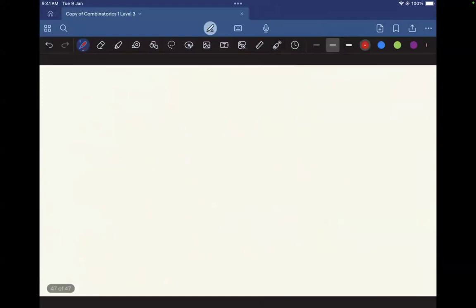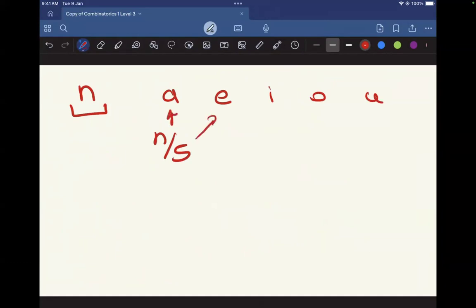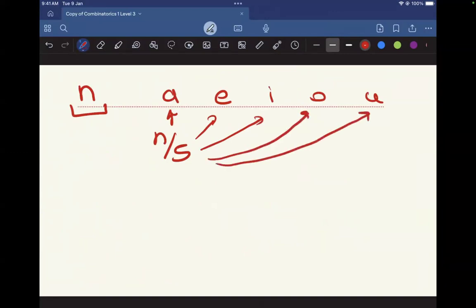If I have n as my string length, for every A, E, I, O, U, I am going to have n by 5 characters of it. n by 5 characters of A, n by 5 characters of E, n by 5 characters of I, n by 5 characters of O, and n by 5 characters of U. After this, some amount would be remaining.